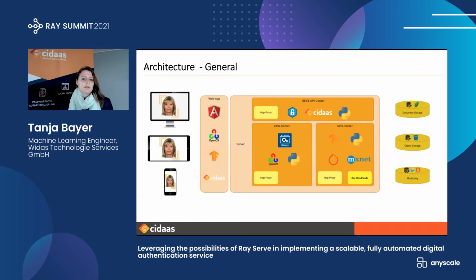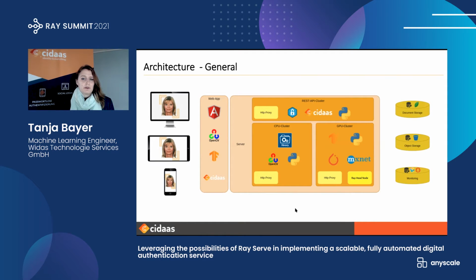One was the CPU cluster, another was a GPU cluster, and the last one was a REST API cluster. All of those clusters can be scaled up independently or together based on the process requirements we have. And all of those clusters were running on our on-prem cluster, and the deployment was handled by some of our other architecture services.